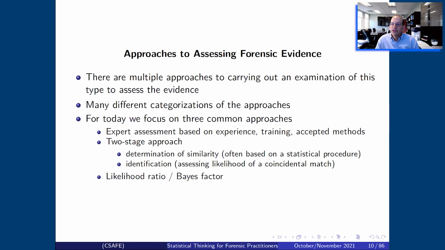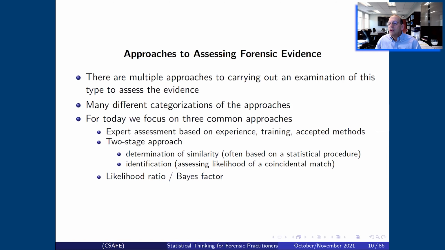Researchers tend to slice the world up in different ways. I slice it up the way you see here. I'm going to talk about 3 approaches. 1, expert assessment based on experience, training, and accepted methods. Second method, the so-called 2-stage approach, which proceeds to analyze evidence in 2 stages.